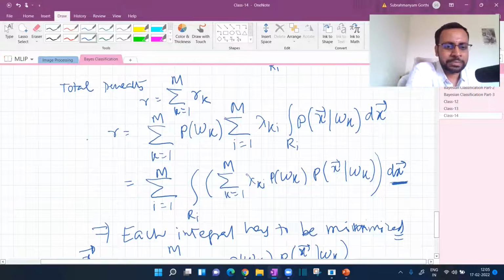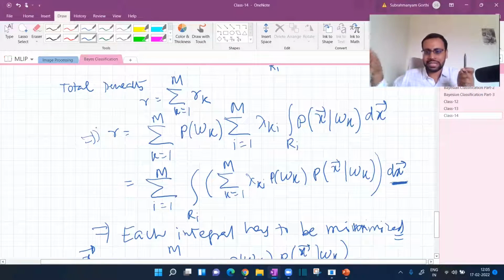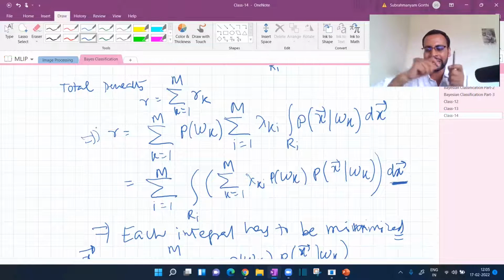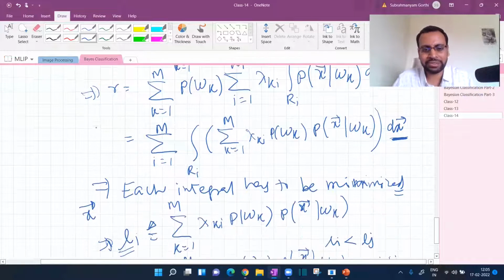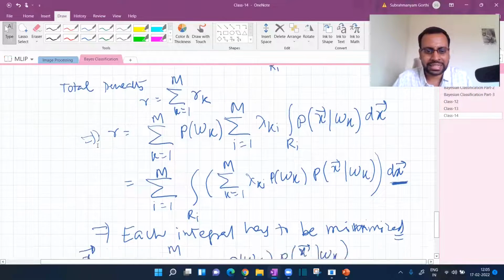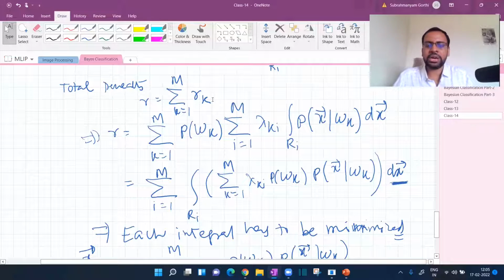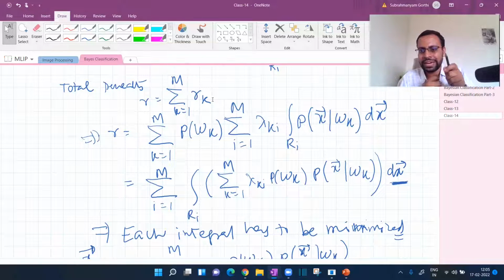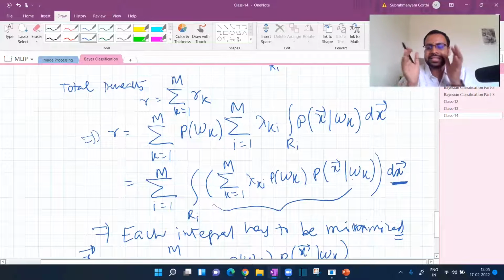is this equation clear? Now, I just mentioned that from each class to any other class, you are making errors. From class 1 to any other class, then class 2 to any other class, all of them you have written there, and that has given you this equation. Then all I did is, instead of writing it class-wise, I slightly modified it such that you are looking at the penalties region-wise.